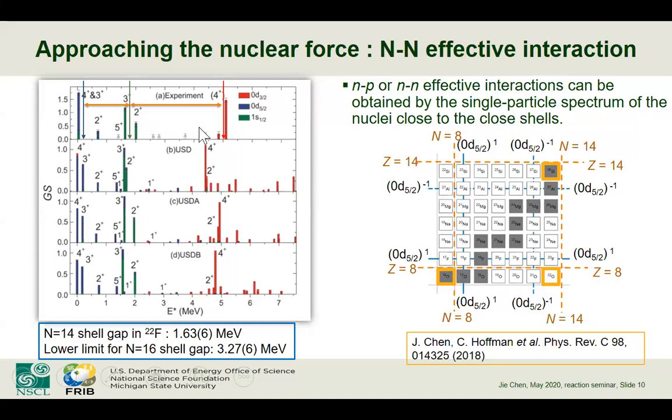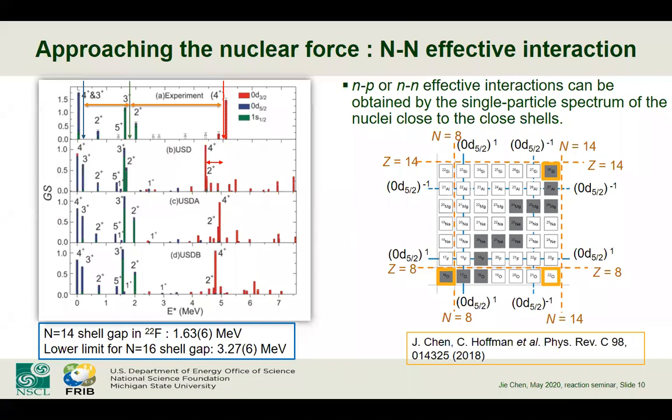And by comparing with the shell model using different interactions, we can see how the USD interaction underestimates the d3/2 single particle energies compared to the experiment. So that's how we can test the different theoretical models.